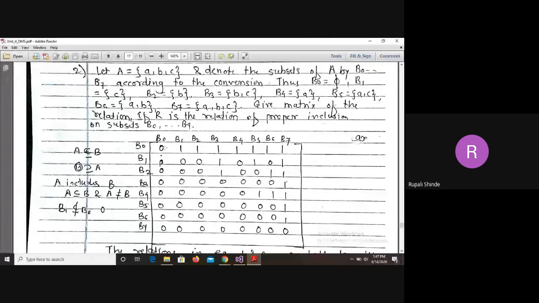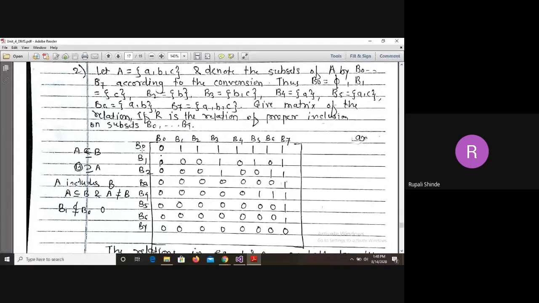That's why B0 is a subset of B0. But is B0 a proper subset of B0? No, because what is the definition of proper subset? Those two sets should not be equal. But here B0 is equal to B0. That's why we have to mark here 0. B0 is not a proper subset of B0.